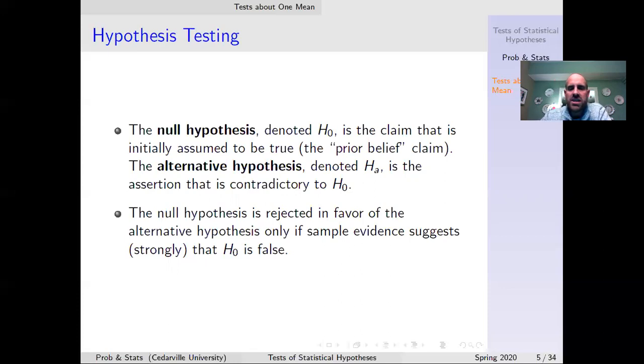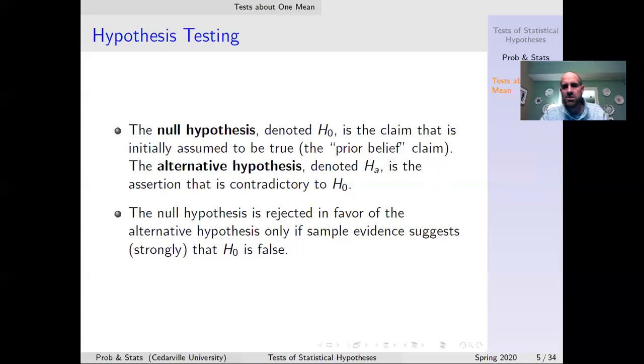Okay? And again, the null is kind of your prior belief claim. So this is the thing that you're starting with, your baseline assumption, okay? The Null Hypothesis is the thing that you start with. You start by assuming that, and you do all of your computation based on that assumption. The Null Hypothesis is rejected in favor of the Alternative Hypothesis if sample evidence suggests that the null is false.